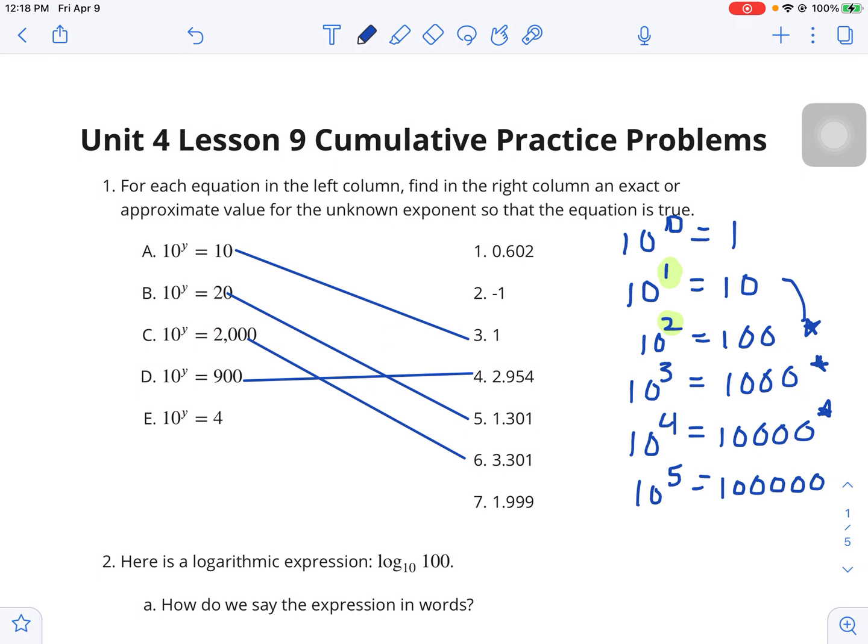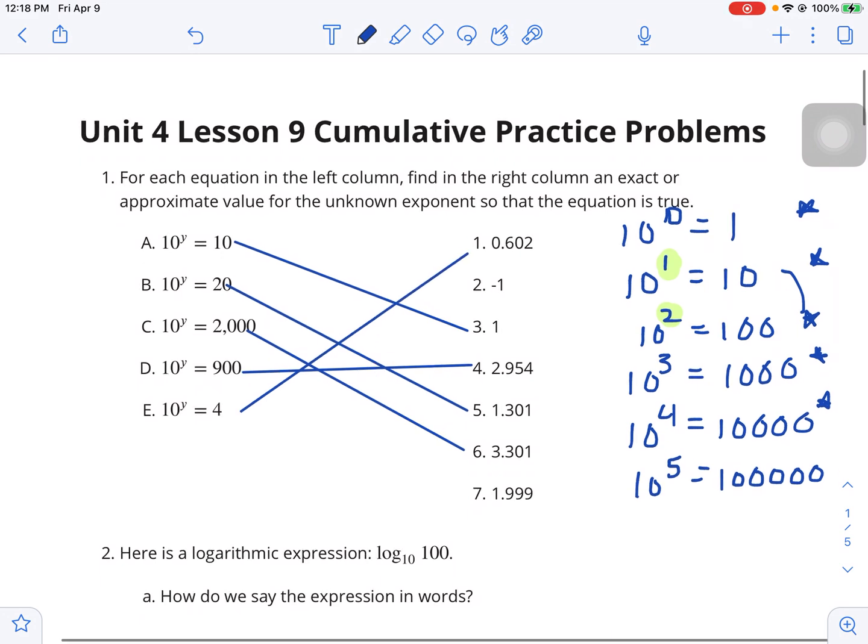And finally, 10 to the y is equal to 4. Well, since we have something that's between 1 and 10 this time, your exponent is going to be between 0 and 1. And the only exponent between 0 and 1 here is 0.602. So I would choose that one for letter E.